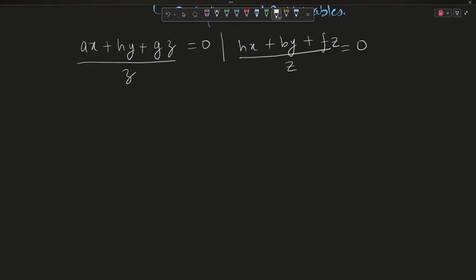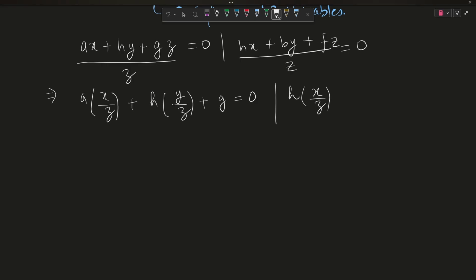Further simplified, it could be written as a into x upon z plus h into y upon z plus g is equal to 0, and the second equation could be written as h into x upon z plus b into y upon z plus f is equal to 0.